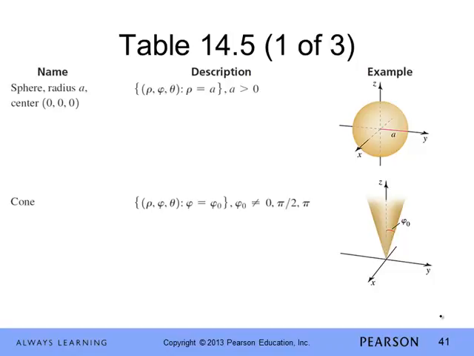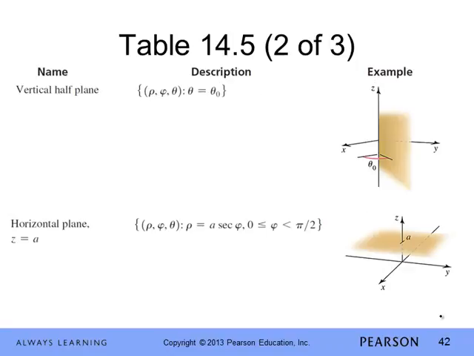If you want your cone, just tell me the angle. Phi equals that number. Phi equals that angle will tell you what that cone is. Of course, rho will go from 0 to infinity, and theta will go from 0 to 2 pi, but phi will be fixed. If you want your vertical half plane, theta is still going to be fixed at a number.